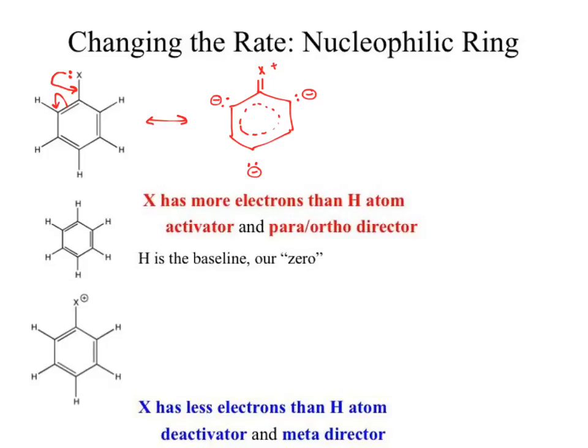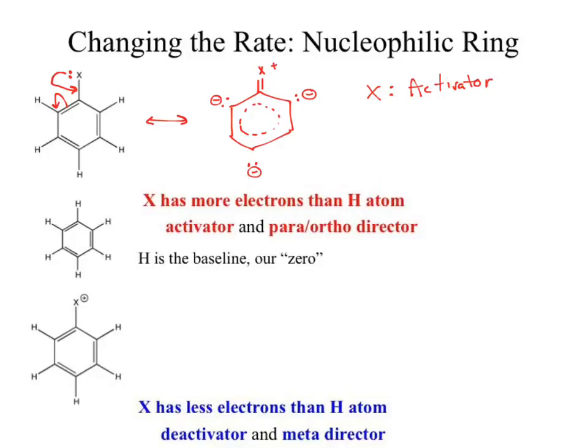Nucleophilic. And in comparison to, say, our straight normal benzene, where we had just a hydrogen, they are more nucleophilic than we started with. Because we've now made it more reactive or more nucleophilic, we can refer to atom X as an activator. Because what it will do is speed up the EAS reaction.